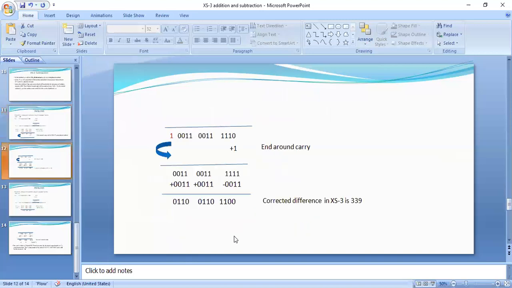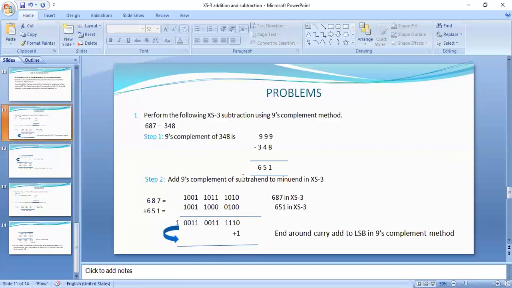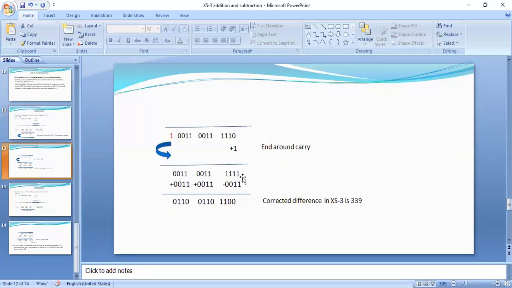After adding, we have the result 0011 0011 0111. In the first step, we performed excess-3 addition. If there is a carry out from one group into another group, add 0011. If there is no carry out, subtract 0011. After adding and subtracting, this will be the result.